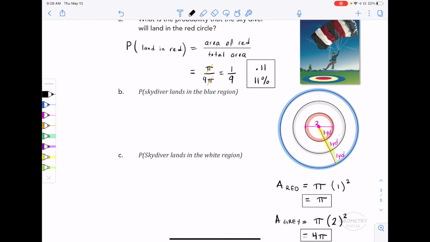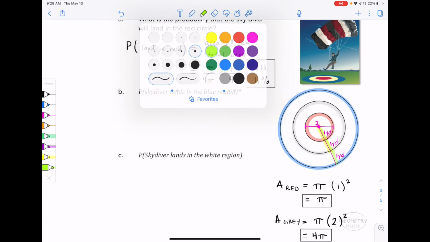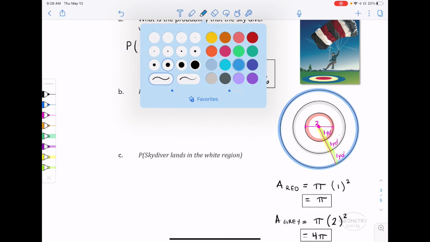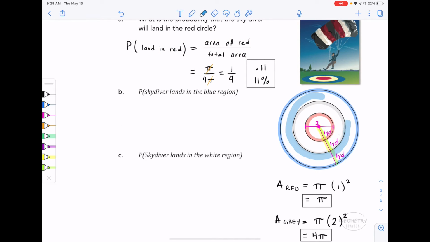Okay, part B, the probability that the skydiver lands in the blue region. So the blue region is not the entire circle if you look at the model that's shown on my page here. The blue region is just that outer circle. So we need to literally find the area of just this blue outer ring that I'm highlighting.